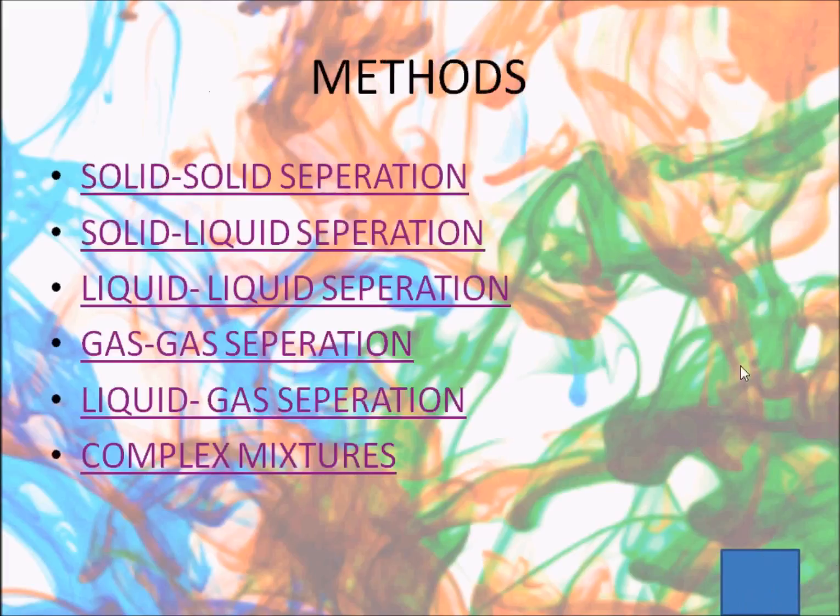So friends, we have methods of solid-solid separation, solid-liquid separation, liquid-liquid separation, gas-gas separation, liquid-gas separation, and complex mixtures. So here I end up briefing out all the methods. In the future slides, we'll be taking all the separating methods one by one and discussing them in detail.